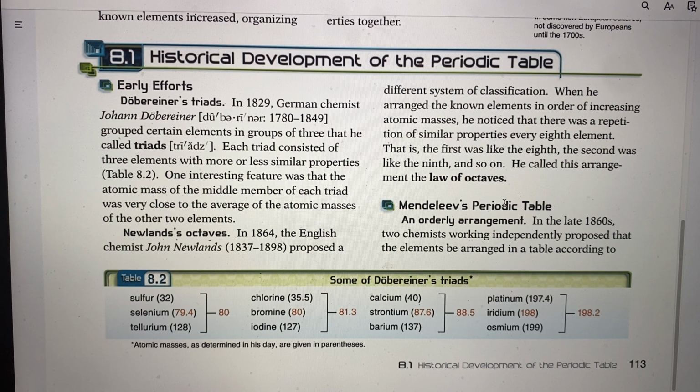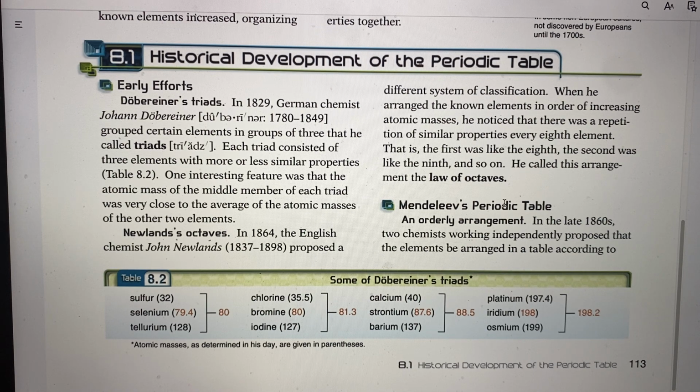Later on, in 1864, over 30 years later, an Englishman named John Newlands proposed a different system of classification. He arranged the elements in order of increasing atomic mass, and he noticed there was a repetition of properties at every 8th element.